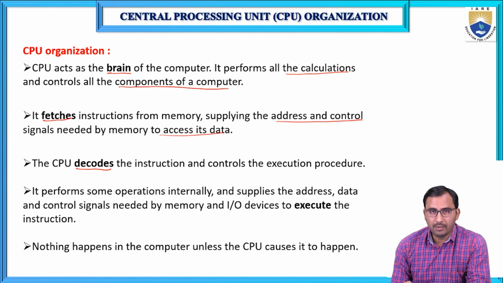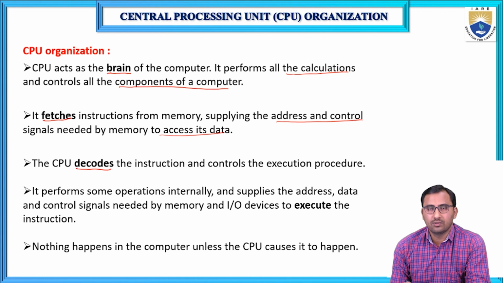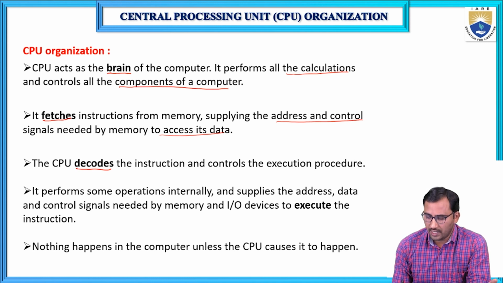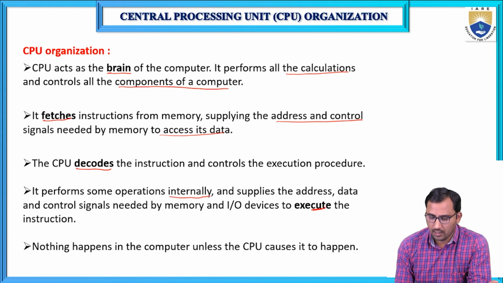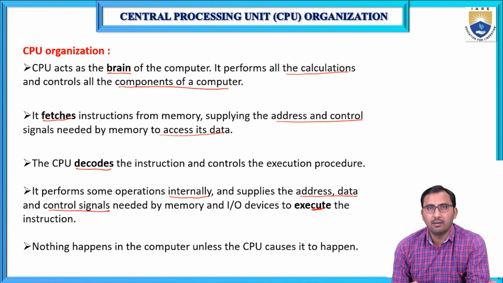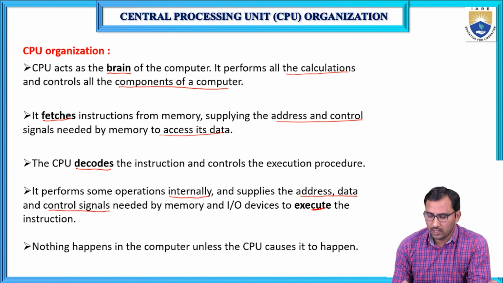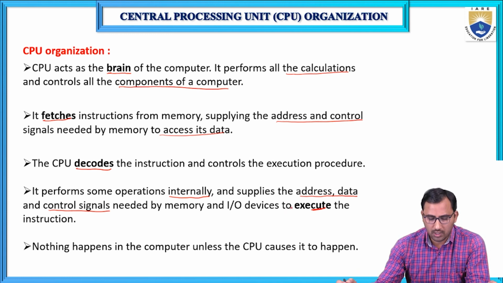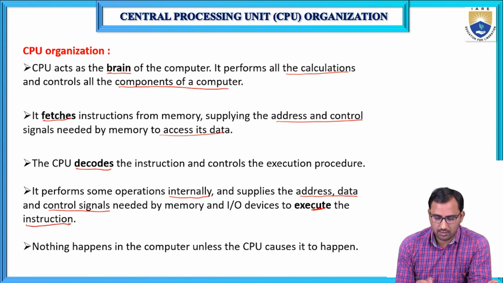Coming to the third phase, the execution. Once the instruction is decoded, we have to execute it. The CPU performs some operations internally and supplies the address, data, and control signals needed by the memory and I/O devices in order to execute the instruction.